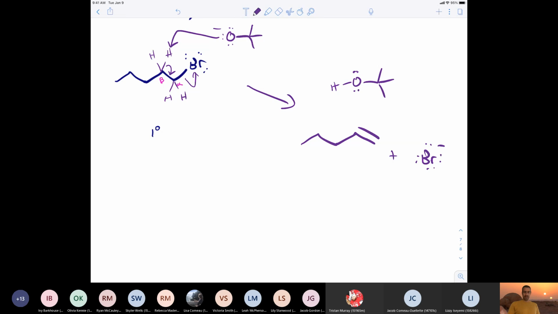The double bond forms at the same time. This happens in a single step all at once. This reaction is called elimination. So the symbol that we give this reaction is an E for elimination. Just like substitution, we had SN for nucleophilic substitution. Do you think this should be E1, E2, E3? What number do you think we should give this?